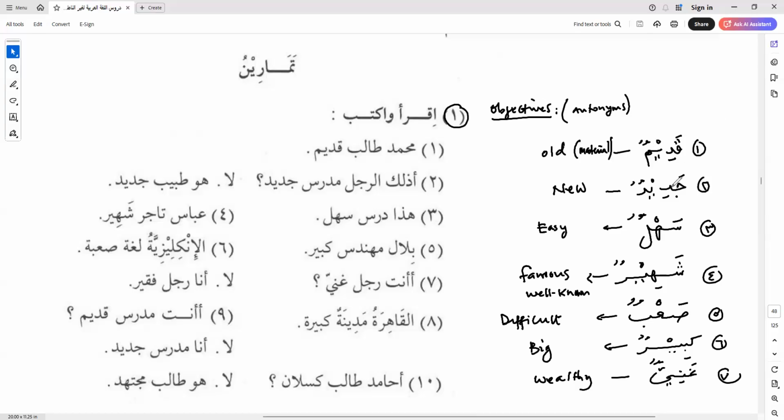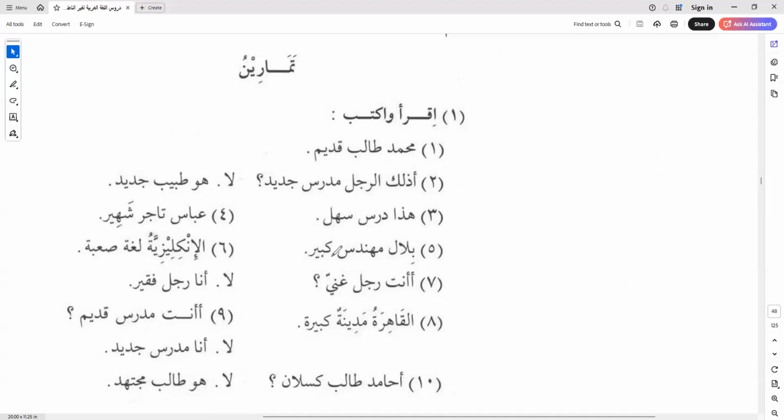We have قديم, جديد, سهل, شهير, صعب, كبير, غني. It's about 10. So I need to erase this space and then I'll write the remaining adjectives. All these are going to be inside the lesson point number 1, اقرأ واكتب. As we're reading through it, take note of these adjectives and memorize them so that you can use them in your everyday Arabic.